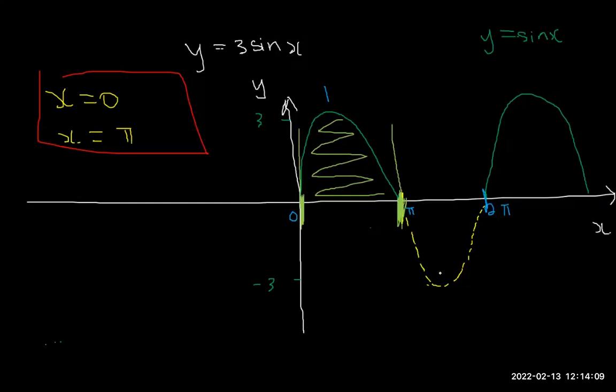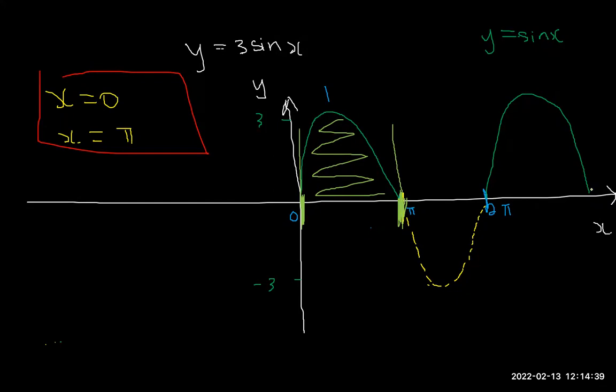You could have used this as well. Instead of using your boundaries as 0 and pi, you could have used 2 pi and this value. What value will this be? This will be 316, and this is 514. So yes, this would have been 514 degrees.